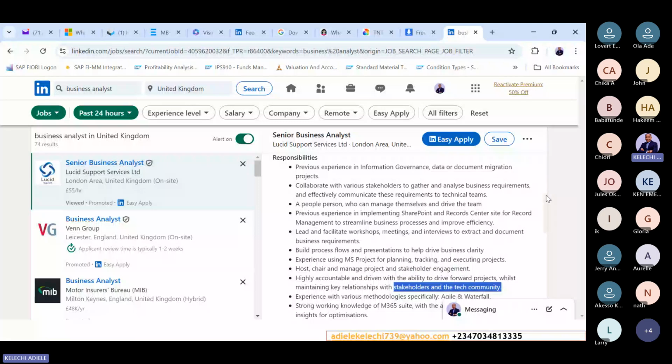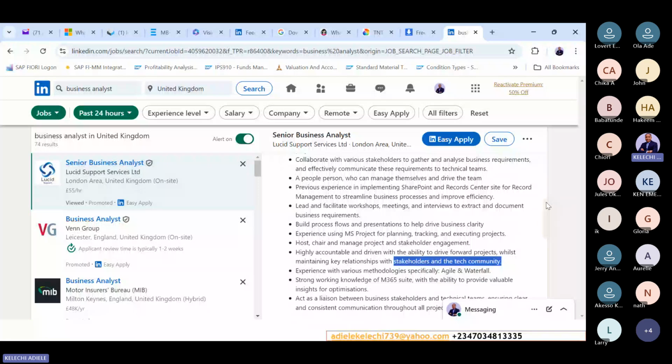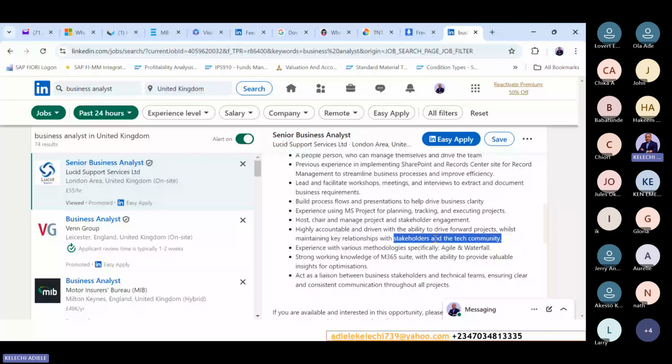The second is you need to use methodologies like Agile and Waterfall. Then strong knowledge in Microsoft, this should be M3, Microsoft Dynamics 365 suite. Then act as a liaison between stakeholders and technical team.